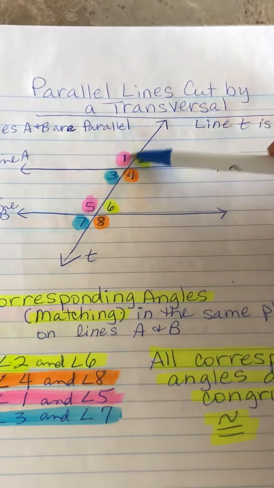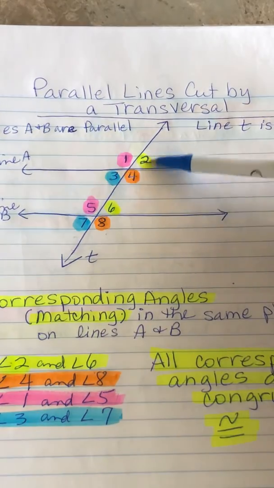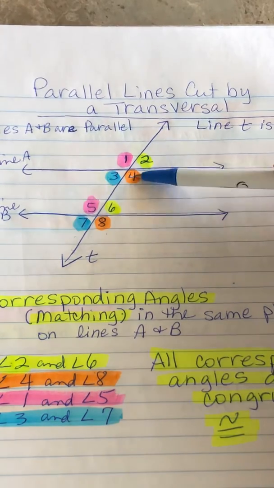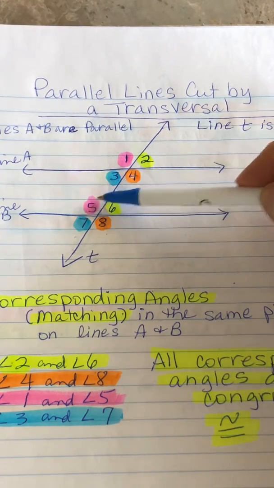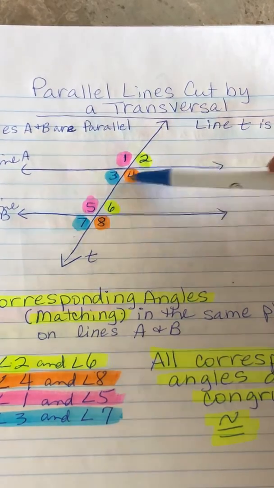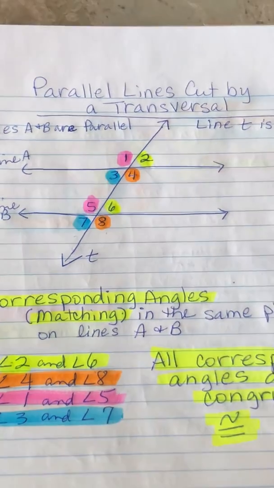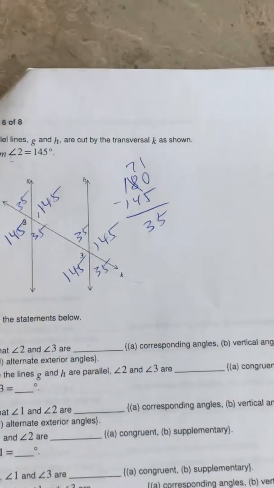The big angle on this side goes to the big angle down here, and the little angle to the little angle down here. Congruent, congruent, blue congruent, pink congruent. All congruent. And alternate interior angles, alternate exterior angles are congruent.